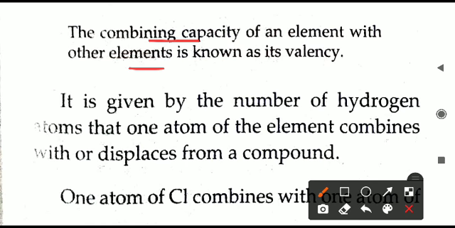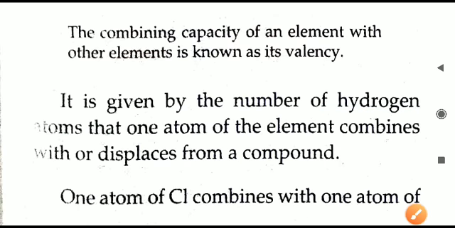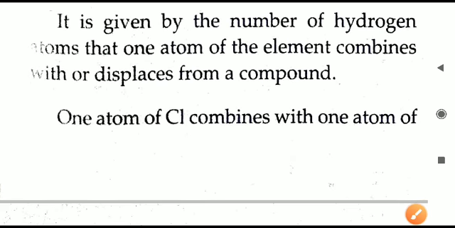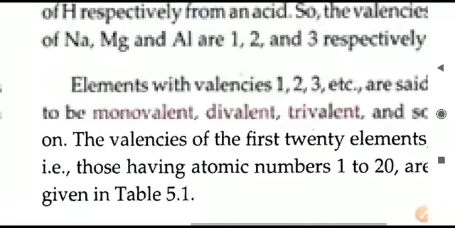For example, hydrogen can combine with only one atom. One atom of hydrogen can combine with only one atom of any other substance. That means the valency of hydrogen is only 1; its capacity is to accept only one atom. So that is what we call combining capacity. Valency is the combining capacity of a particular element.